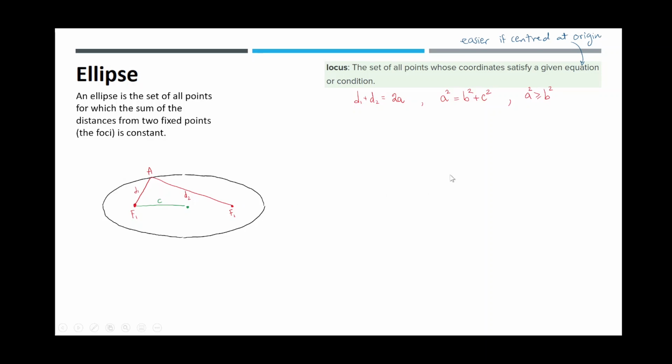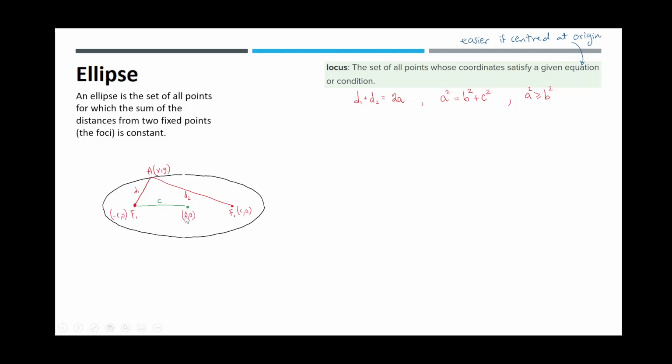So we're going to create an equation, first of all, by making sure that our ellipse is centered at the origin. Otherwise, it's going to get too complicated. It's already a bit complicated, so we don't want to overcomplicate things at this point. So we're going to develop this equation using the origin as the center.